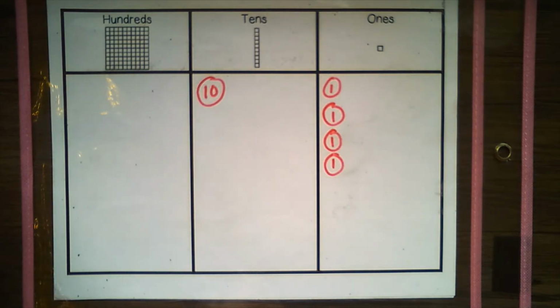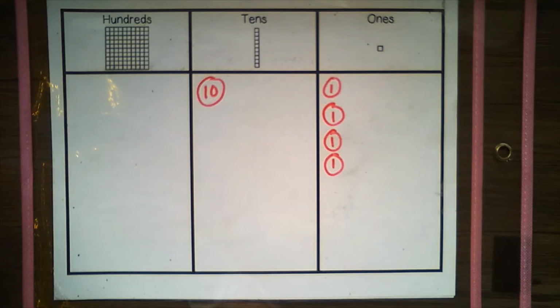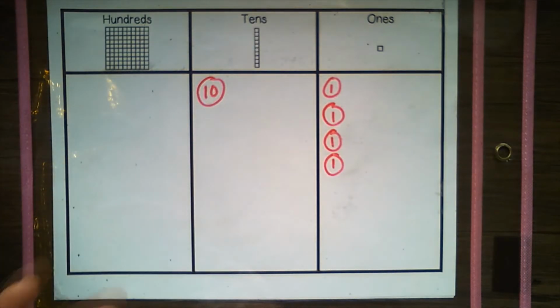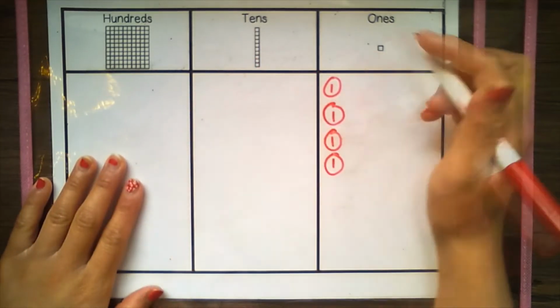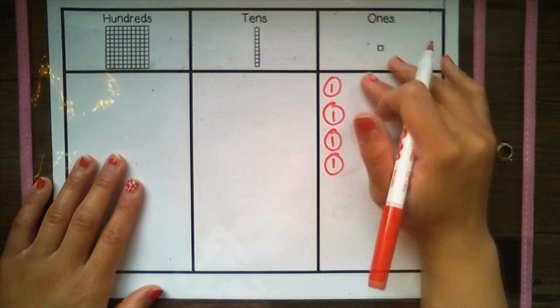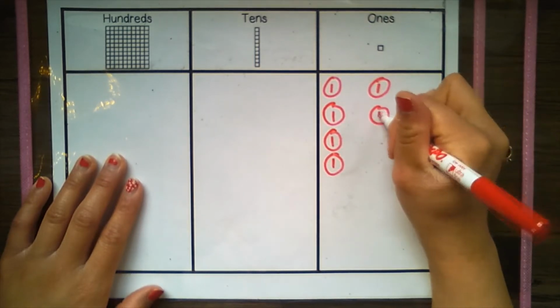Now, you'll notice, what discs did we use from greatest to least? From greatest to least, we used 1 ten and 4 ones. Now, I'm going to change 1 ten for 10 ones.